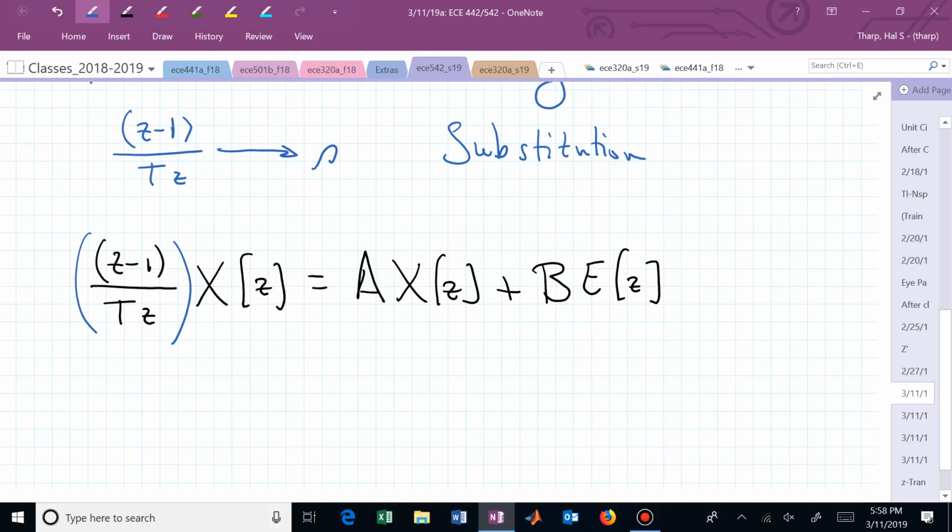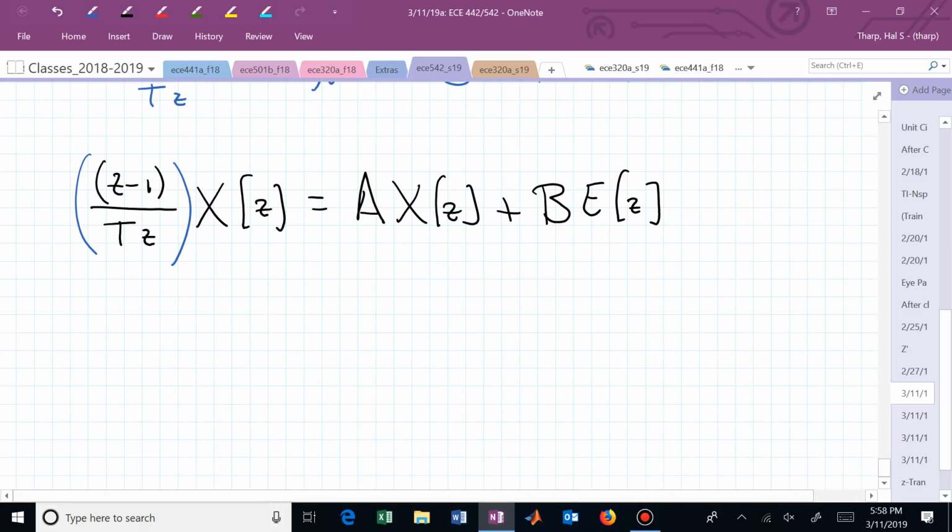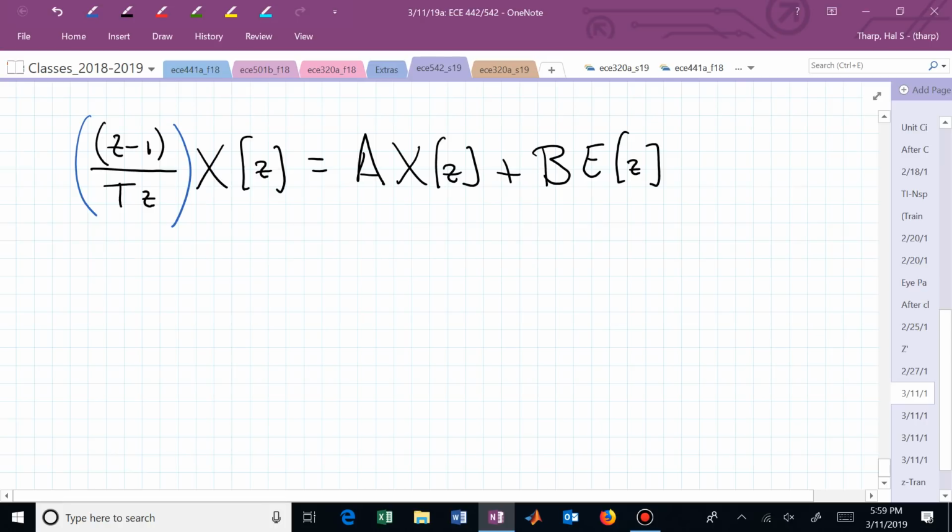What's our strategy now? Probably clean up the fraction. So now, instead of multiplying everything by T, now we multiply it by something a little more interesting, T times Z, the advance operator in the time domain. Let's do that.